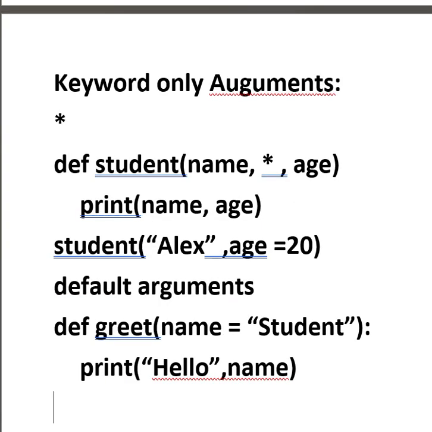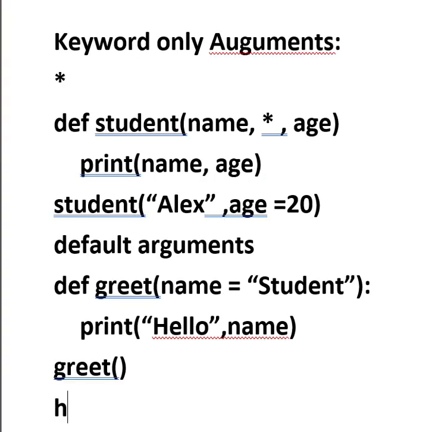At last, we need to call a function greet, and I'm going to call a function with the name of a student. I'm going to take a name as Harish.